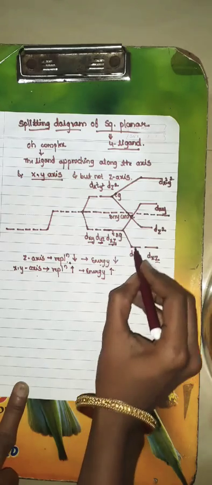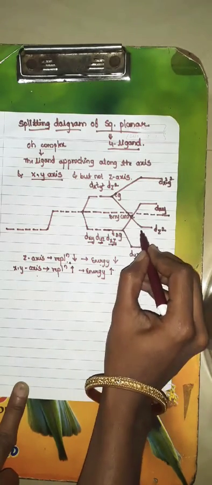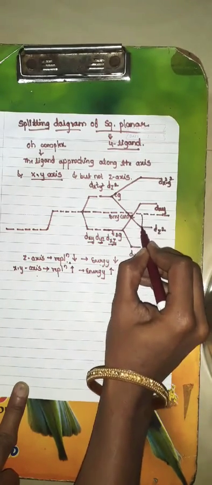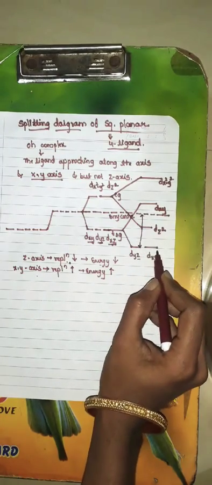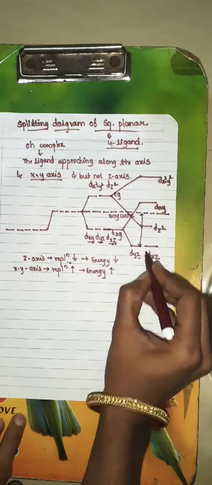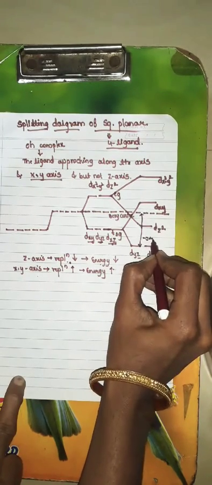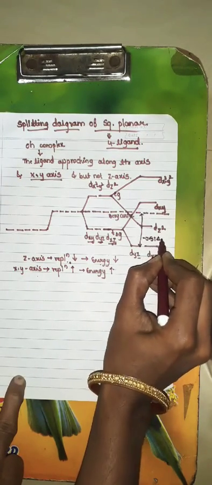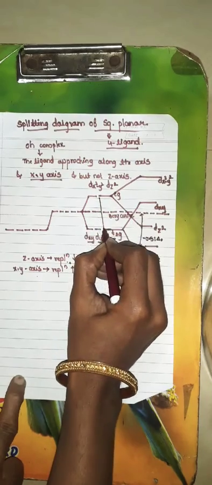Barycenter, the energy difference from barycenter to these two levels is minus 0.51 delta naught. This total will be delta naught.